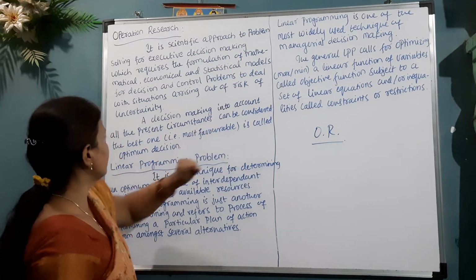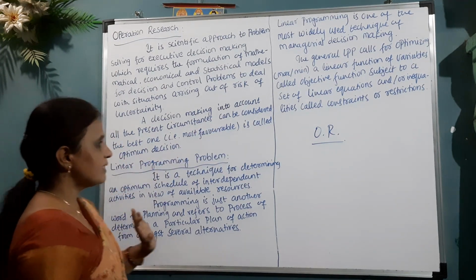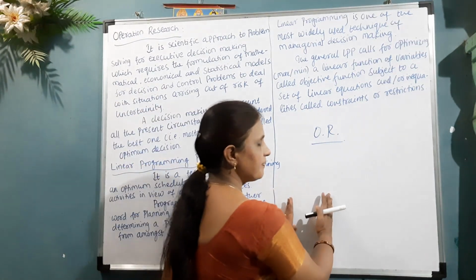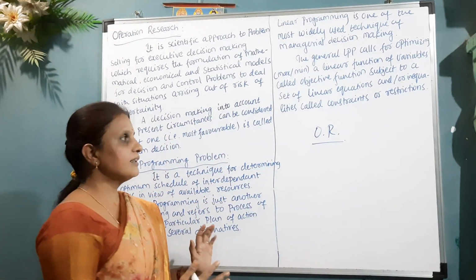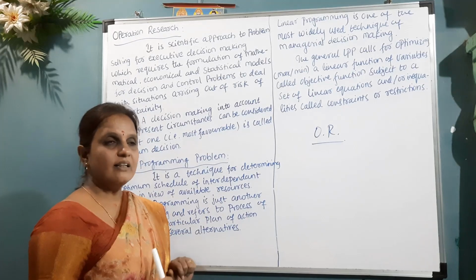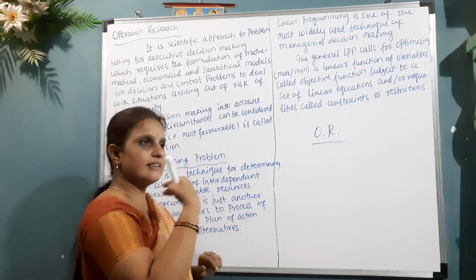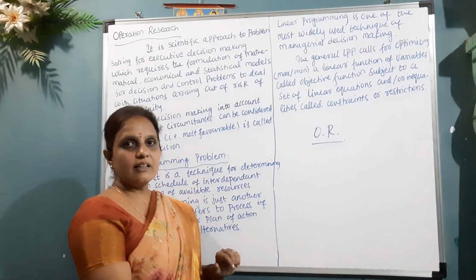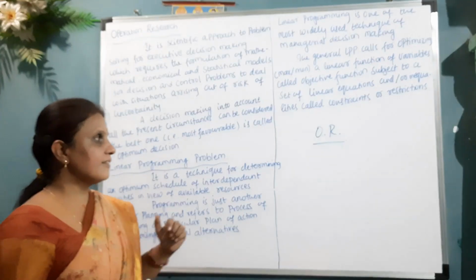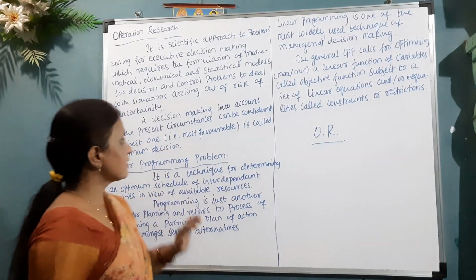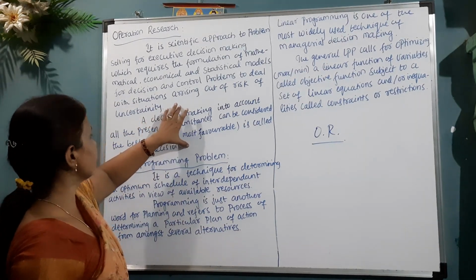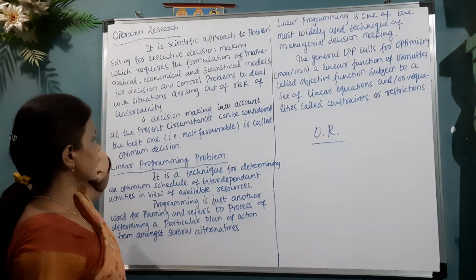Means when there is a problem, it may be having many solutions. Among them we select the best one so that it can give us the best solution as well as the proper utilization of the resources. So that decision making is nothing but operation research.